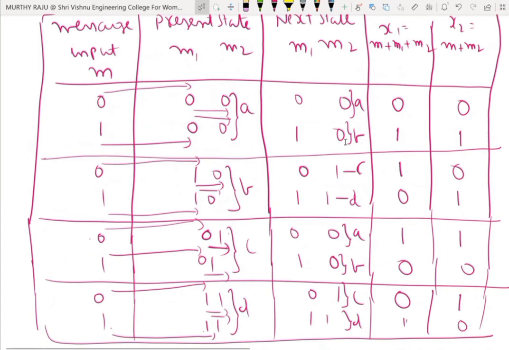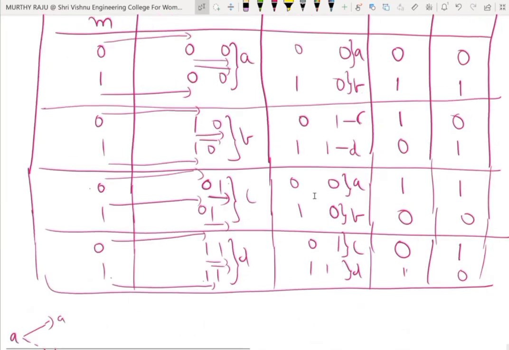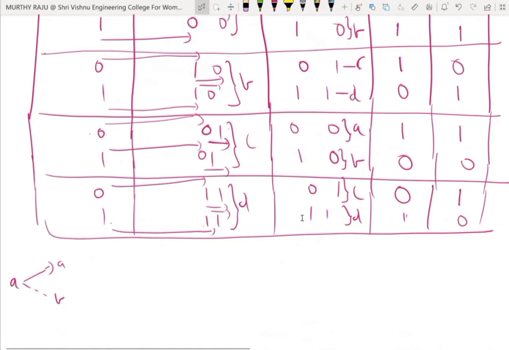A to B. The input bit is 1. Outputs are 1, 1. A to A, input bit is 1, solid line. A to B, input bit is 0, dash line.